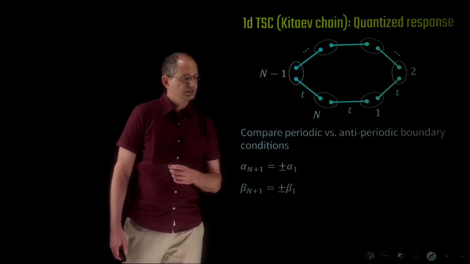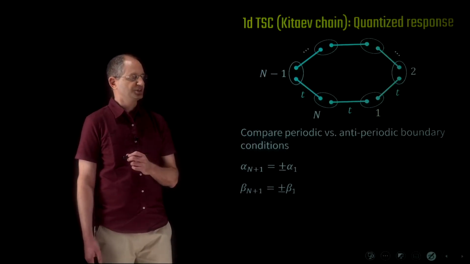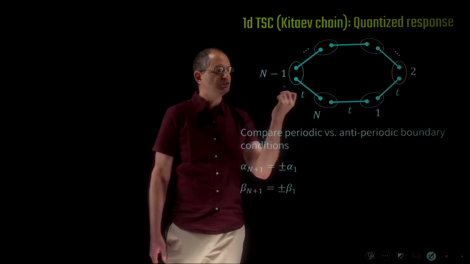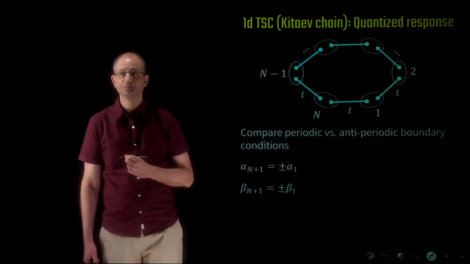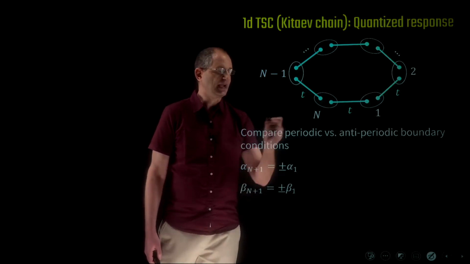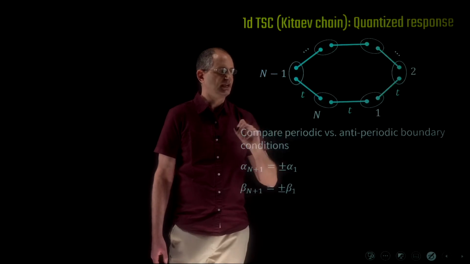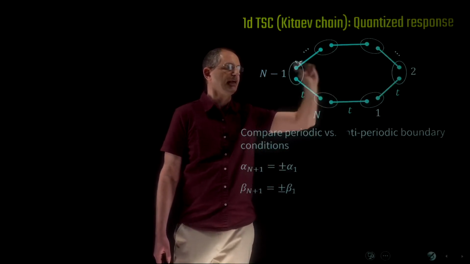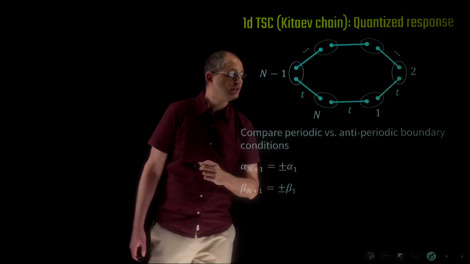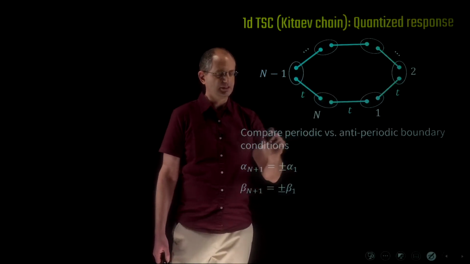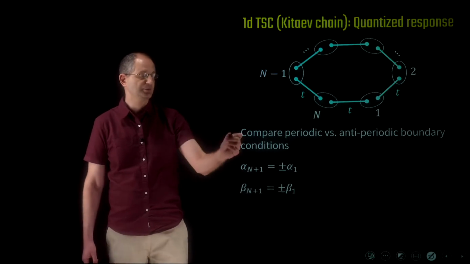Okay, so now what is the quantized response of the system? So this type of chain can have two different types of boundary conditions. Okay, so this is a closed chain, no boundaries, but as we go across the entire chain, we can go back to the same degree of freedom or to that degree of freedom times minus 1.